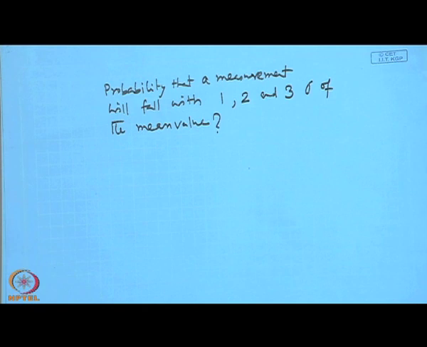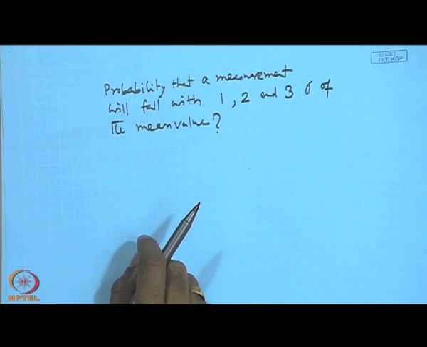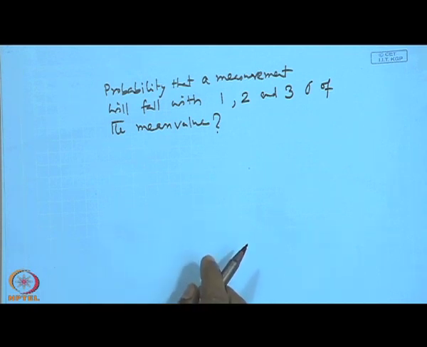So, we need to determine what is the probability that a particular measurement will fall within mu plus minus sigma. Sigma is the standard deviation.